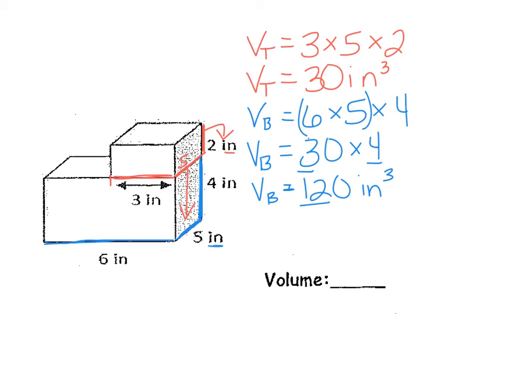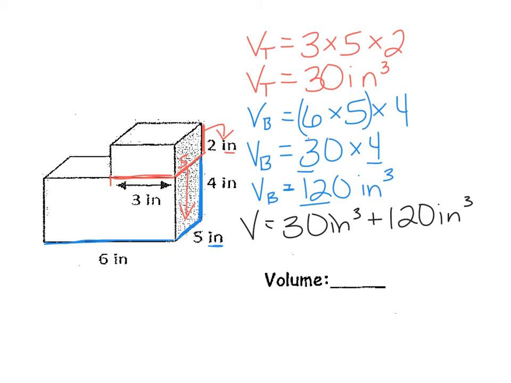How do I find the volume of the entire structure, the total volume? I'm going to take the volume of the top, and add it to the volume of the bottom. So V is equal to 30 cubic inches plus 120 cubic inches.